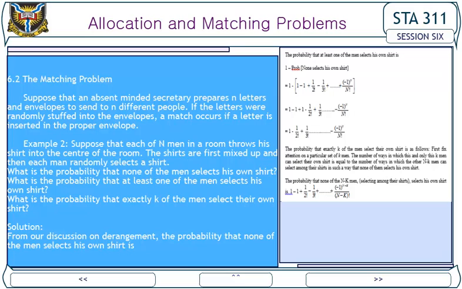The probability that exactly k of the men select their own shirt is as follows. First, fix attention on a particular set of k men. The number of ways in which this and only these k men can select their own shirt is equal to the number of ways in which the other n − k men can select among their shirts in such a way that none of them selects his own shirt.